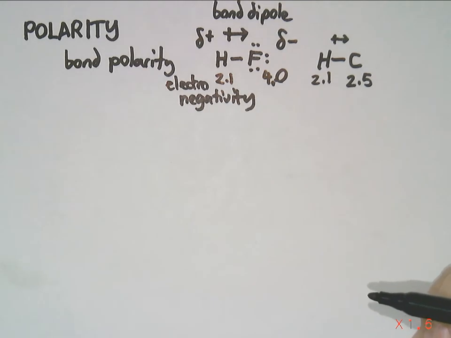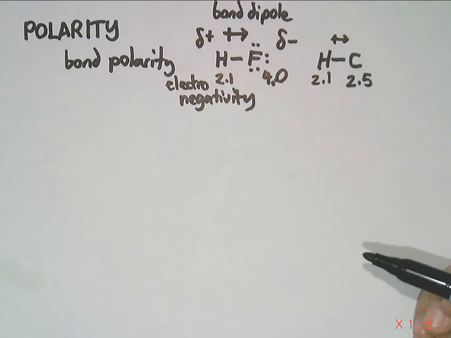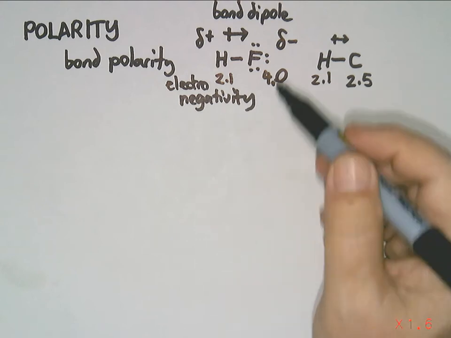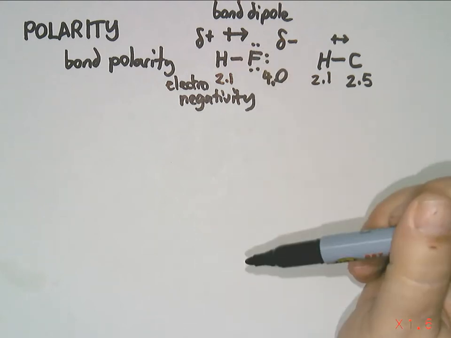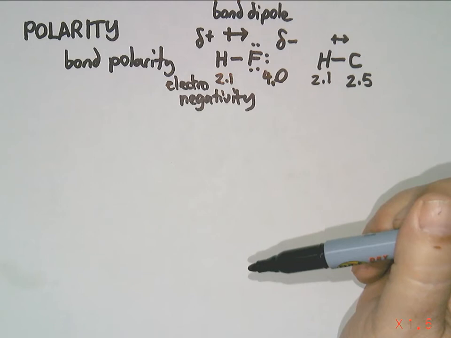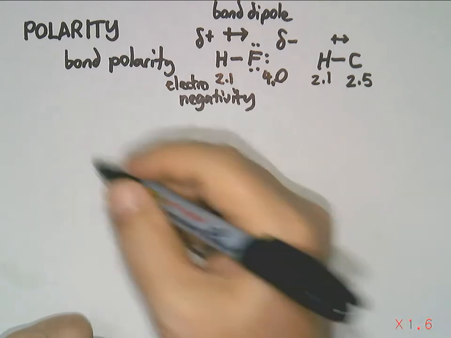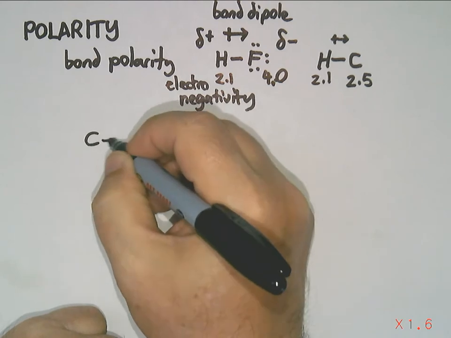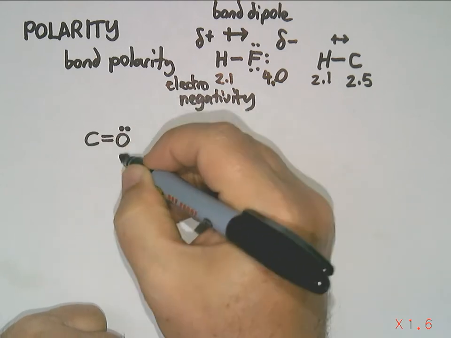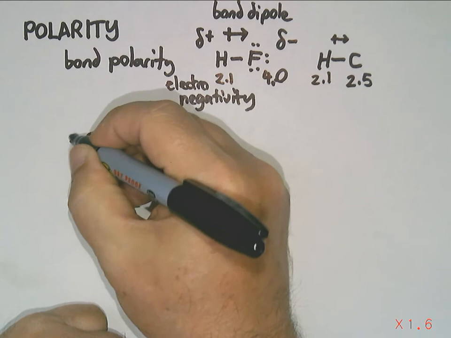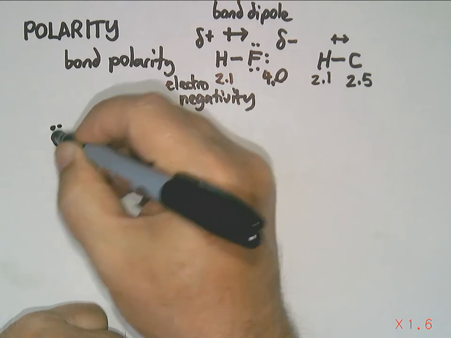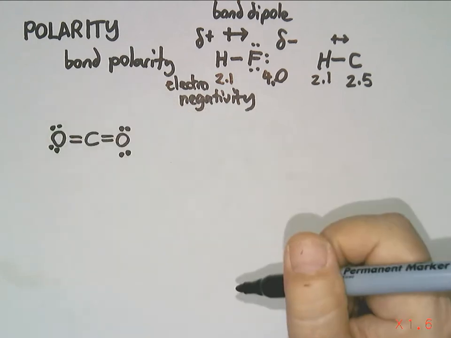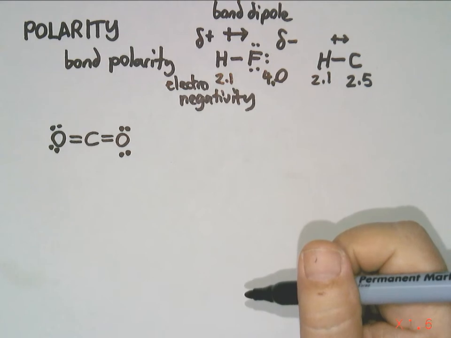Now, here's where molecular geometries come into play, and this is one of the things that we are going to apply molecular geometries to. It doesn't matter that something has a polar bond. It matters how the polar bonds are arranged. Let's look at a carbon dioxide molecule. Here's the Lewis structure for carbon dioxide. And I want to ask, is this a polar molecule or not?